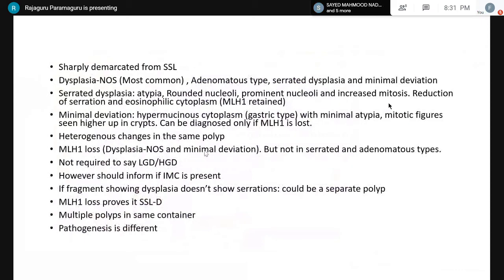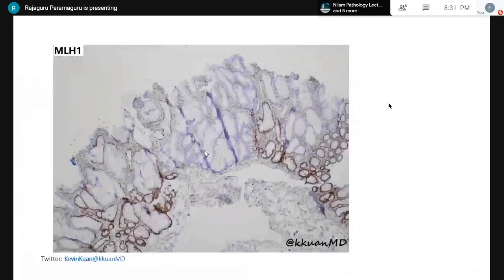So there are totally four types of dysplastic changes which can be seen in a sessile serrated lesion. The dysplasia NOS, which is the most common type, the adenomatous type, the conventional adenomatous type, the serrated dysplasia, and minimal deviation change. So the dysplasia NOS is like what I showed you earlier.